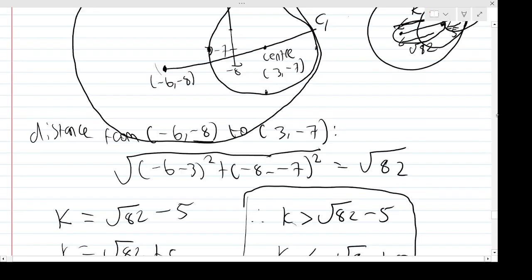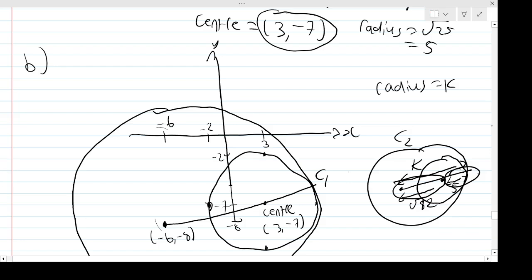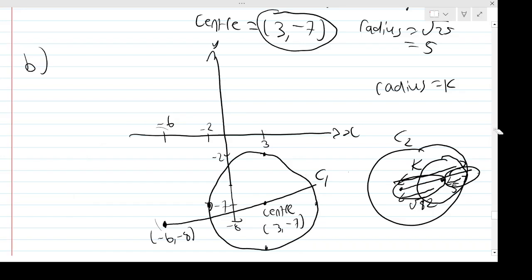But again, hopefully the idea that I'm trying to get across here is you consider the radius, you consider changing the radius and then expanding the circle to see what happens to the situation, and see what radius you're interested in to solve the problem. So we're interested in when we expanded C2, again, let me get rid of this now.